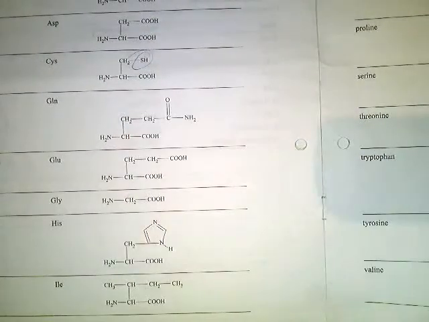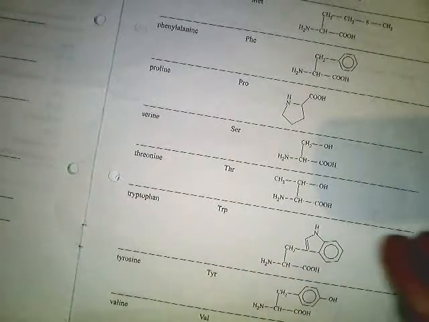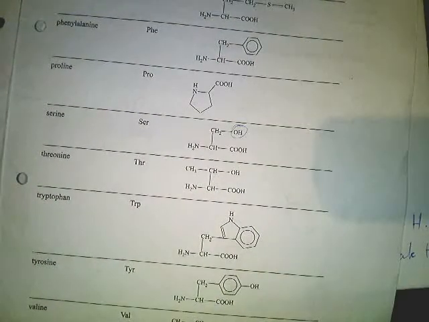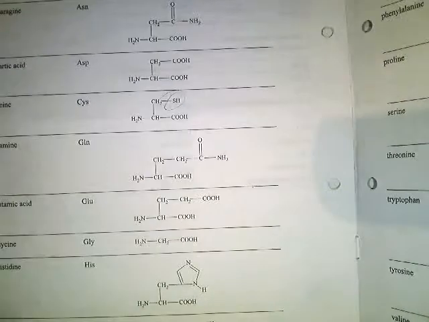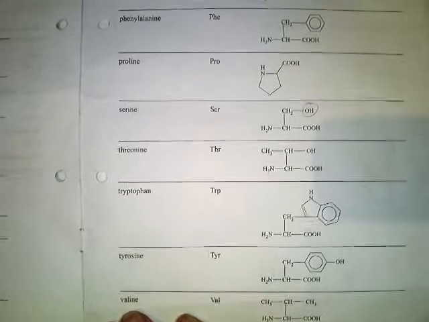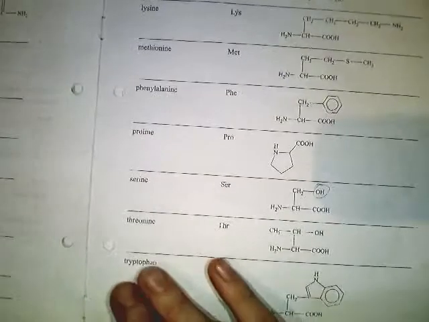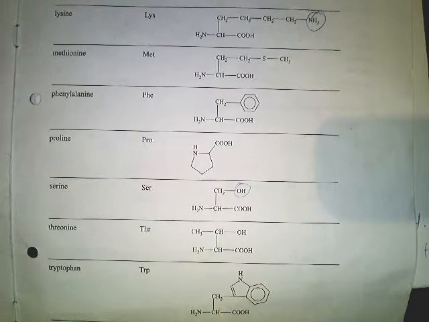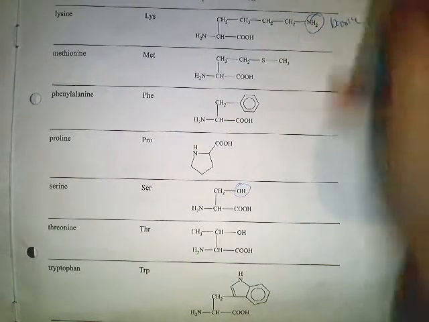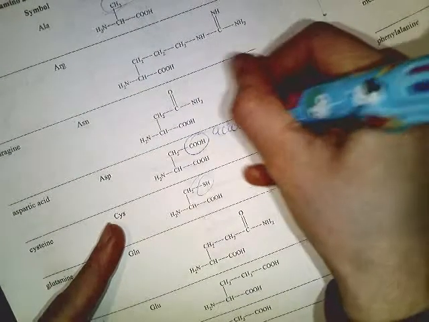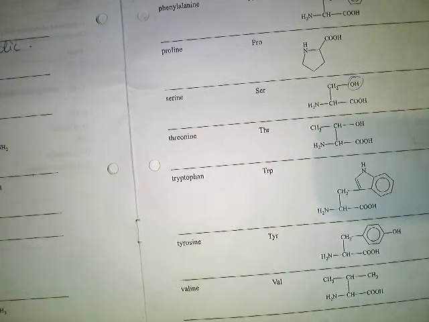Glycine is non-polar, it just has a H. Here we've got serine, polar. Here we've got other types of properties, such as here we've got lysine. Lysine has an NH2 group. Its Z group is basic. Here we've got aspartic acid. Its Z group is acidic. Okay, so you've got to be careful about the properties as well.